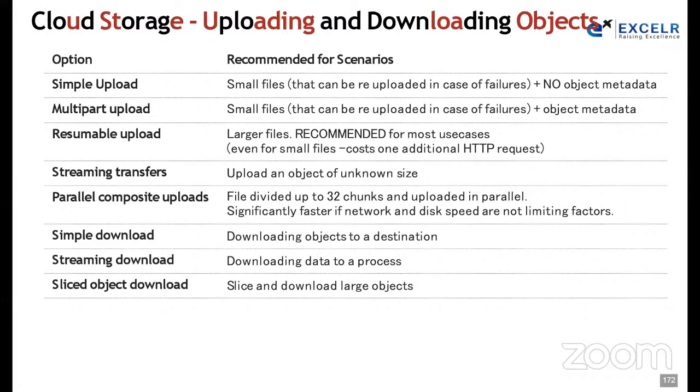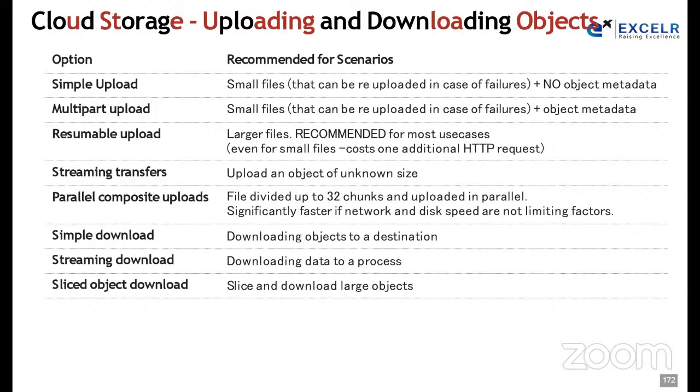You can have a parallel composite upload, wherein you divide your larger file into small chunks and then upload those chunks in parallel. By doing this, you get a significantly faster transfer of your file into your cloud storage, and it is also not limited by disk speed.